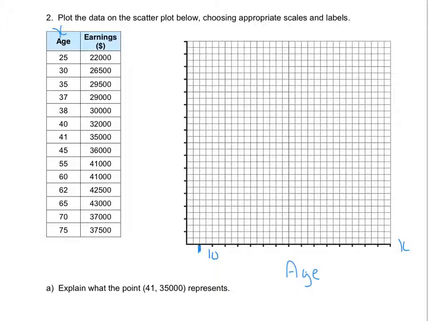So I'm going to go up every 2 spots to say 10, 20, 30, and keep going up by tens. You could write every 5, 10, 15, as long as you are consistent and you've labeled enough points. So now that we've done our x-axis, let's do our y-axis, our dependent variable, which is earnings.